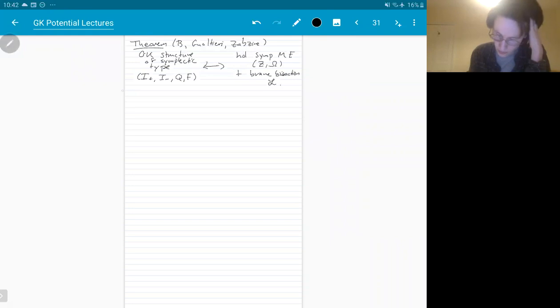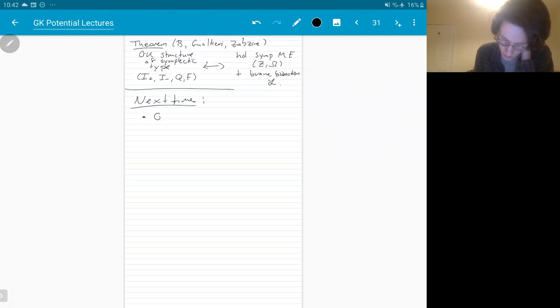Okay, I'll end here. It achieves the generalization of Donaldson's picture to this setting. Next time, I'll talk about some of the applications to generalized Kähler potential.